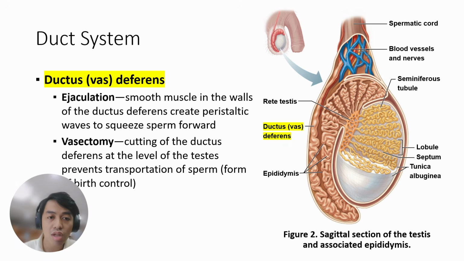During ejaculation, the smooth muscle walls of the ductus deferens propel the sperm forward so that it reaches the urethra. In vasectomy, this is also the involved structure, wherein it is cut to prevent the sperm from reaching the urethra.